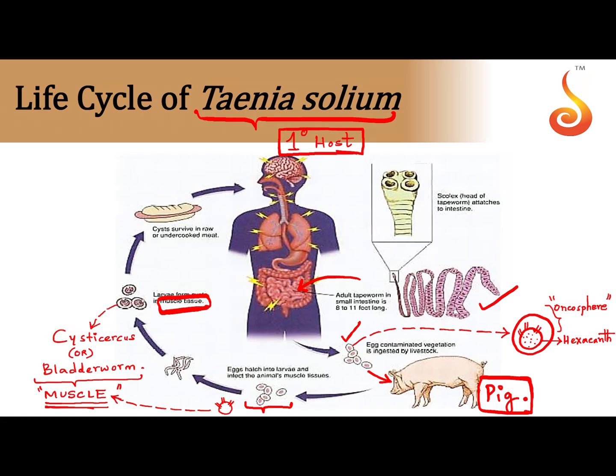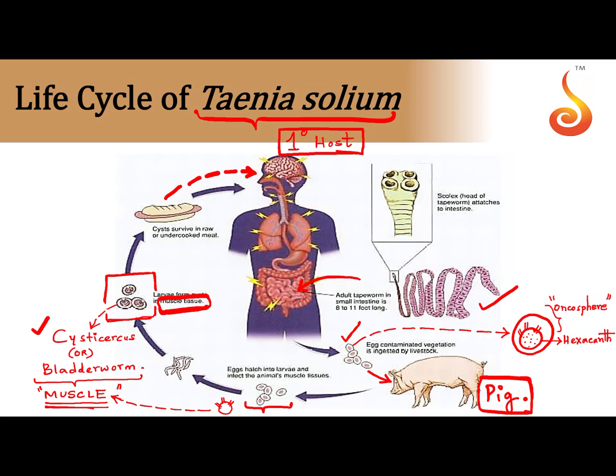Now imagine a person consumes contaminated meat, the meat of the pig which has the cysticercus or bladder worm. Then he will be swallowing the bladder worms into his system. So the improperly cooked pork, which contains these fluid-filled larval stages referred to as the cysticercus or the bladder worm, can make its way into the human body when a human consumes pork which is infected with the cysticercus.